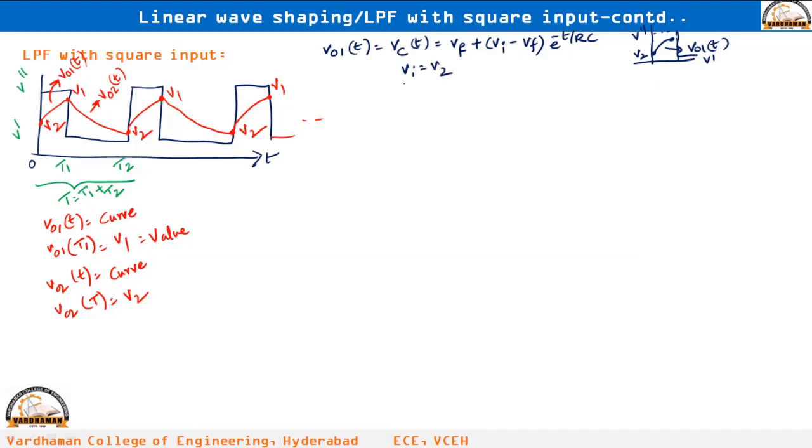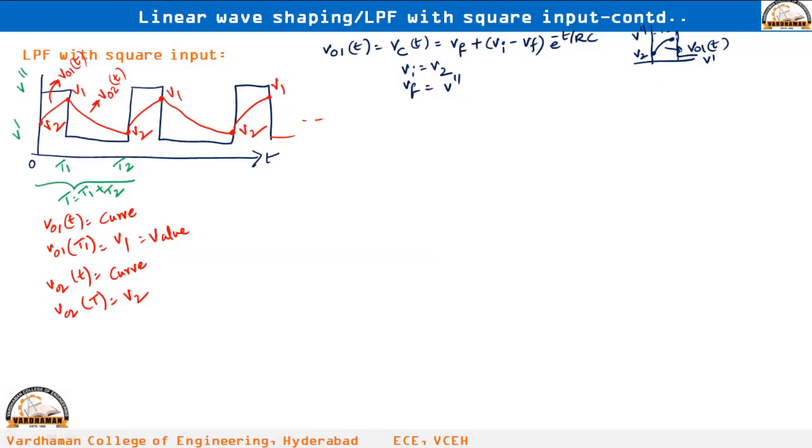What about V final? You don't think that V final is V1. Okay, V final means, if you maintain the same constant input, the capacitor can charge up to that voltage. That means there is a chance for the capacitor to charge up to V double dash. That is the final value. We are maintaining the input voltage V double dash.